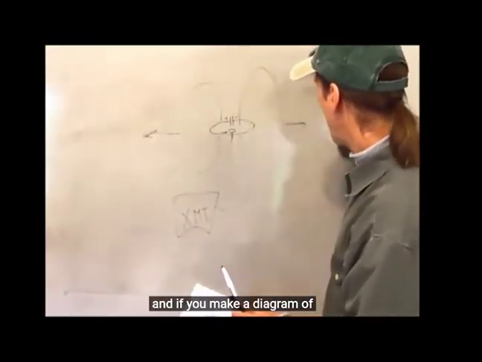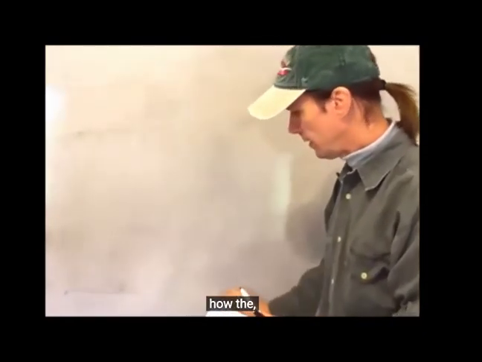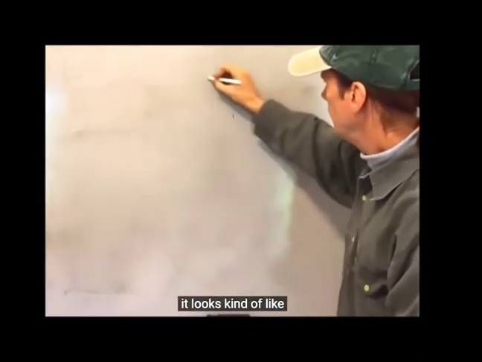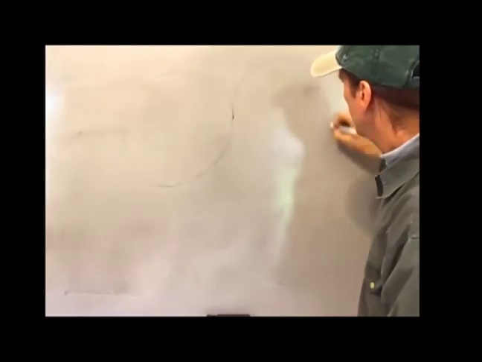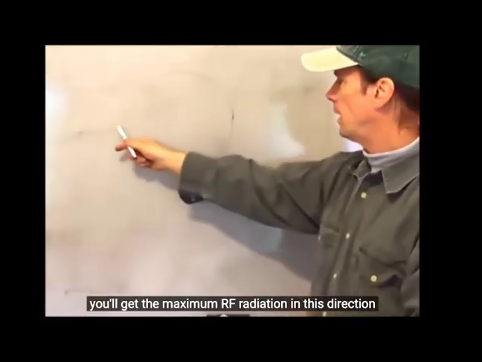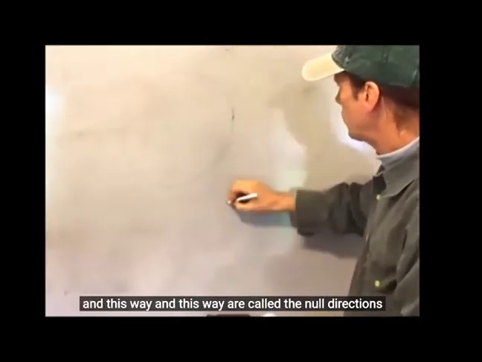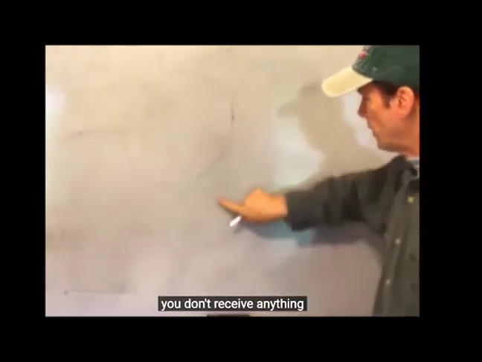And if you make a diagram of how the antenna's pattern looks, you'll get the maximum RF radiation in this direction, and this way and this way are called the null directions. You have another antenna out here, you don't receive anything.